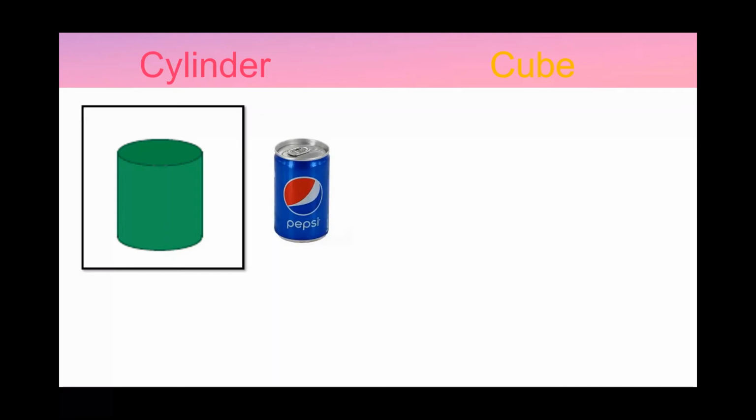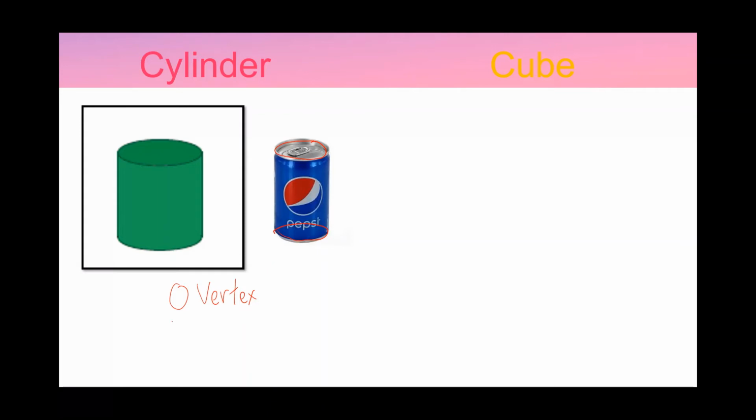It looks like a cylinder. Now, with a cylinder, can you see any corners over here? No. So, zero vertices, no corners. Now, how many flat surfaces does it have? It has one on the top and one on the bottom.